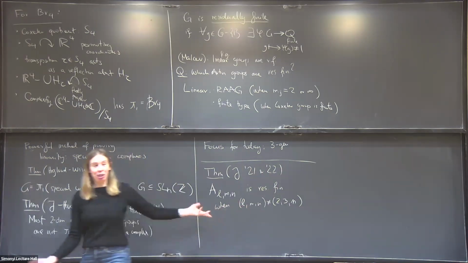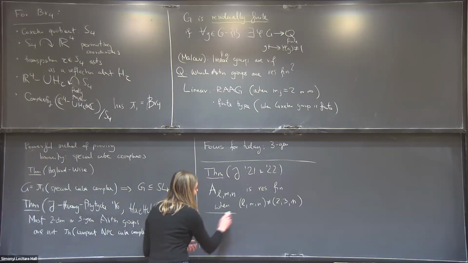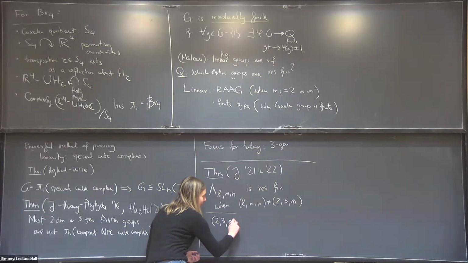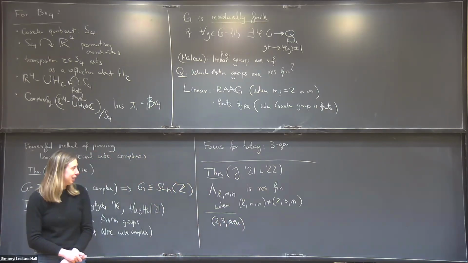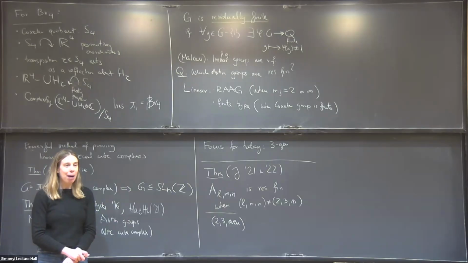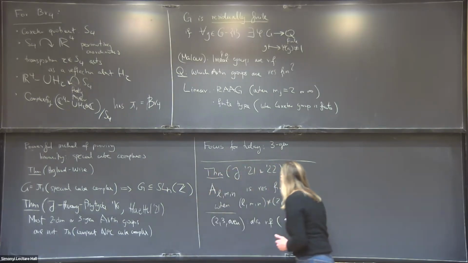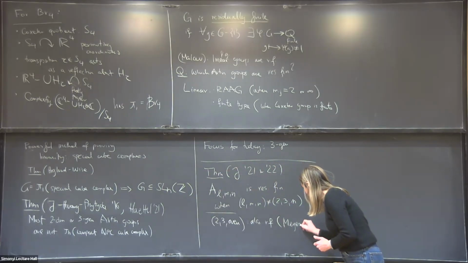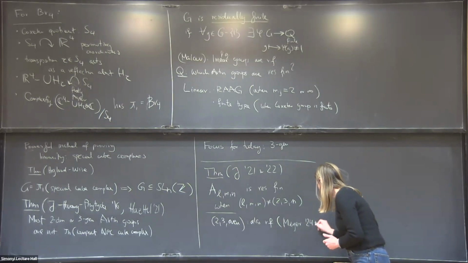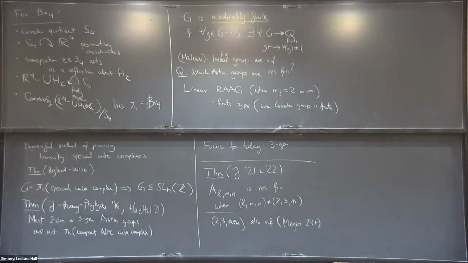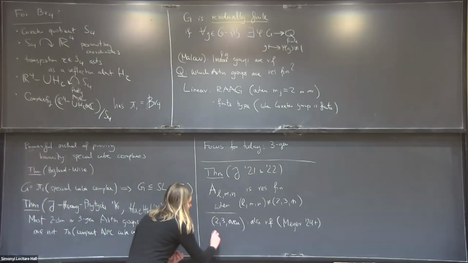But actually, the case where the numbers are 2, 3, and an even number was done by my student, Grayson Mayer. I guess this is not yet on arXiv, but should be soon. And it's kind of interesting.